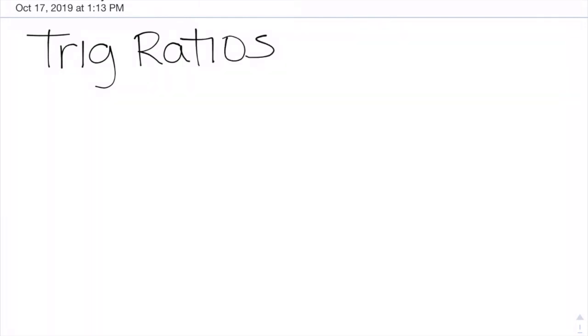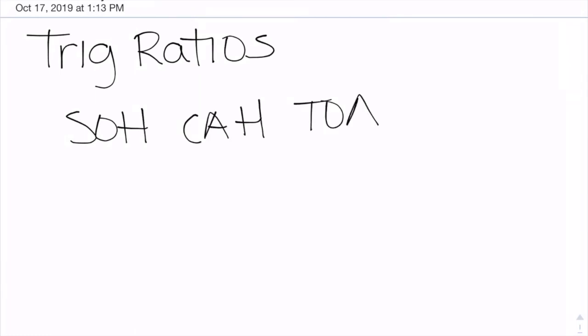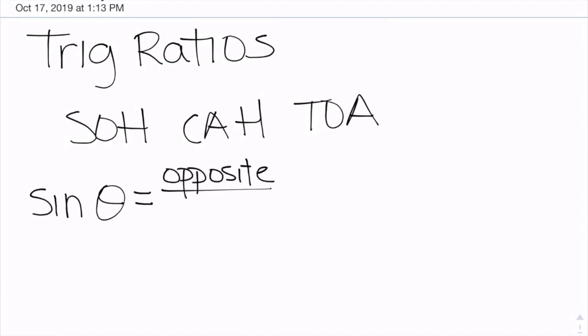Today we're going to take a look at trig ratios. And so we're going to review SOHCAHTOA. So if we have sine of theta, that's going to be equal to opposite over hypotenuse.